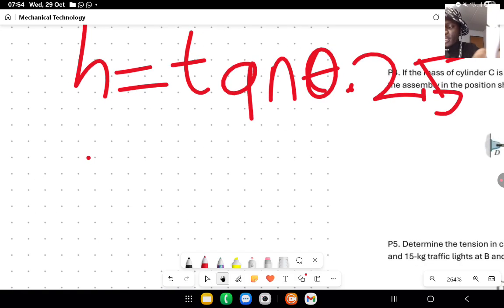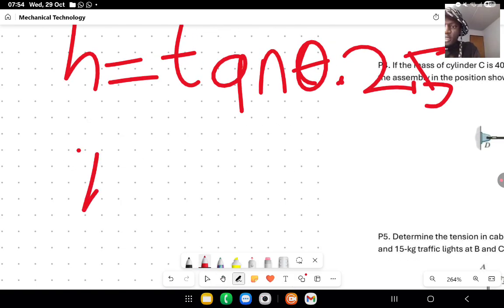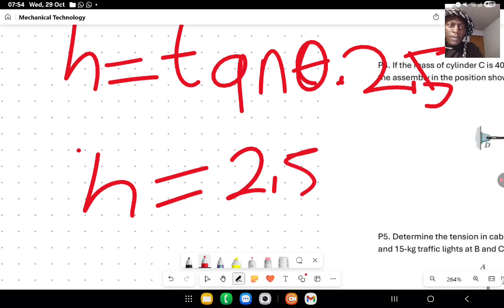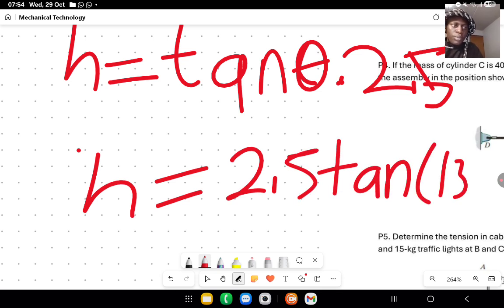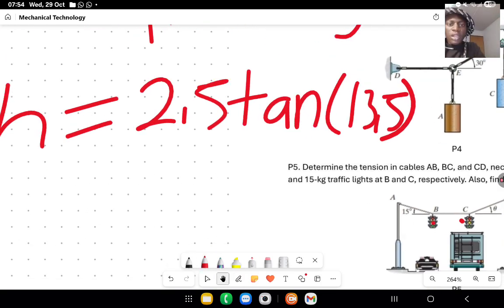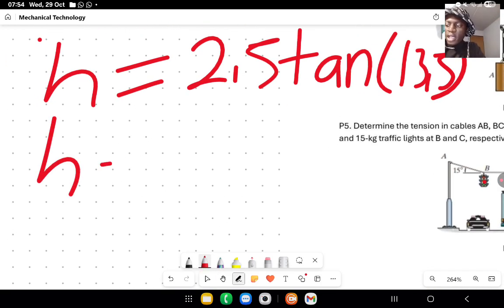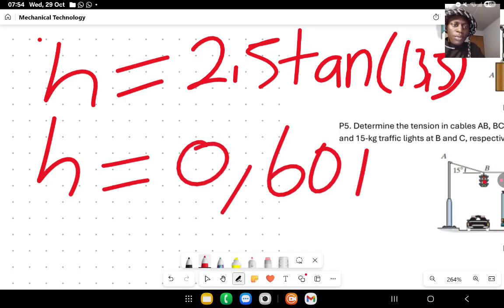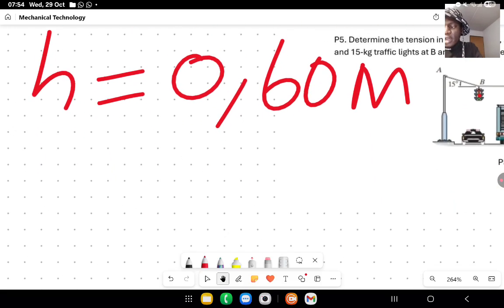Therefore, h is equal to 2.5 tan 13.5. Then we use our calculator and we have our h as 0.60 meter. Now we know our height.